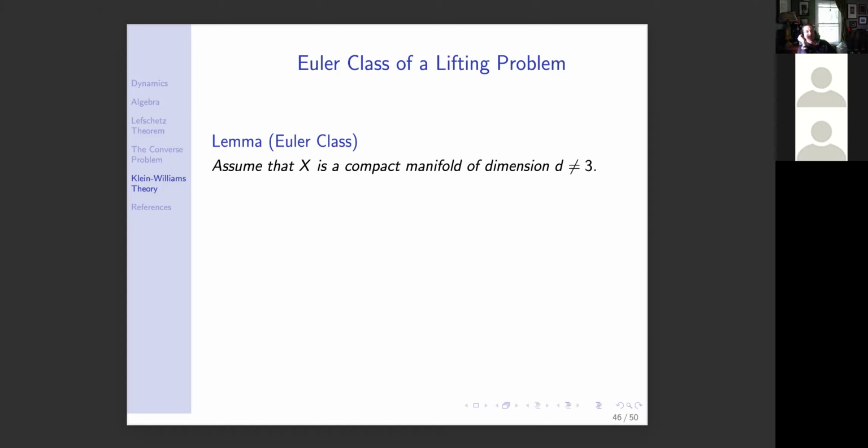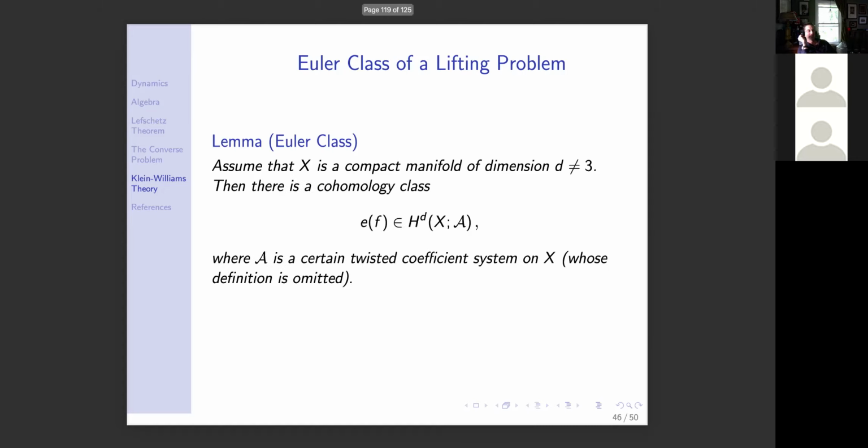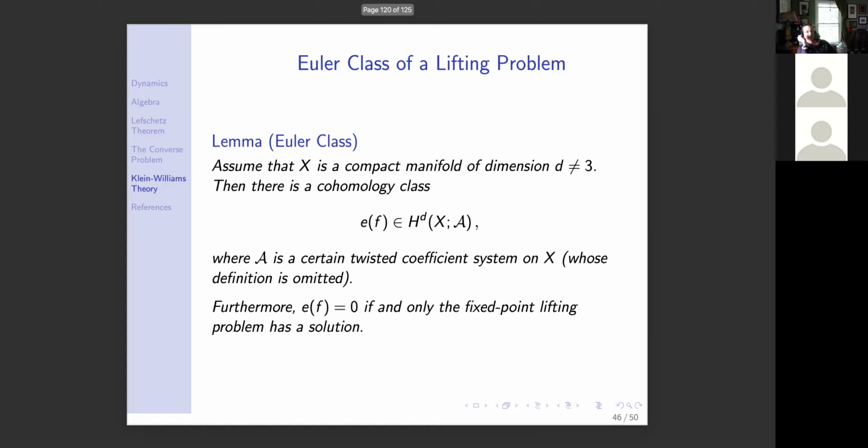Turns out D not equal to 3 is important. Then there's a cohomology class in the cohomology of X with some twisted coefficient system, which I won't define, call it A, and the cohomology class vanishes if and only if the fixed point lifting problem has a solution.